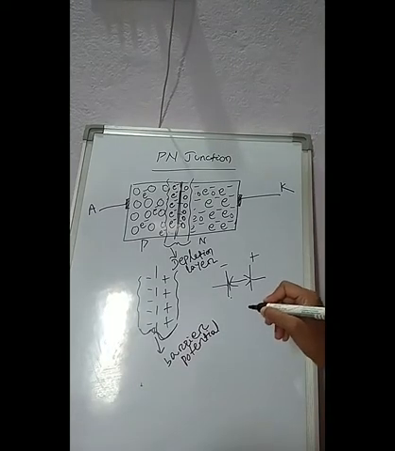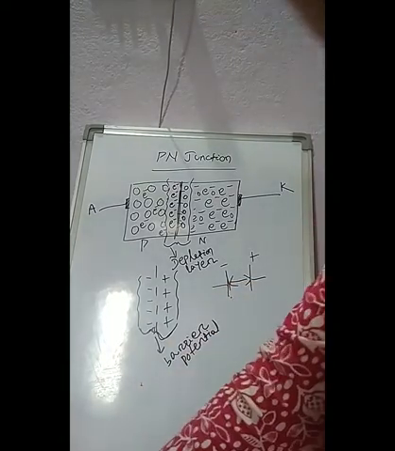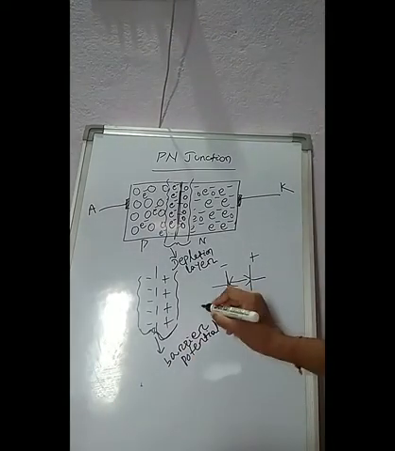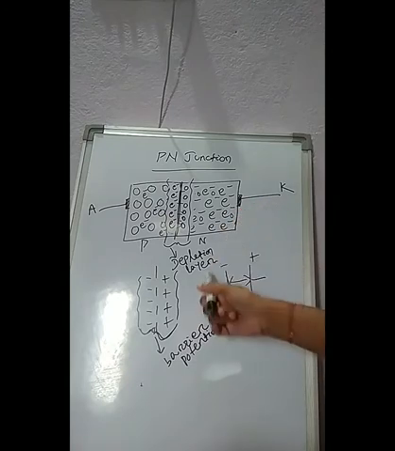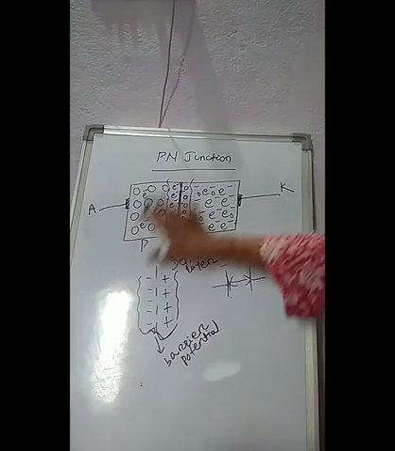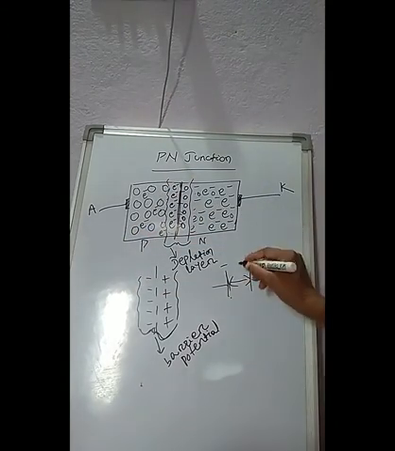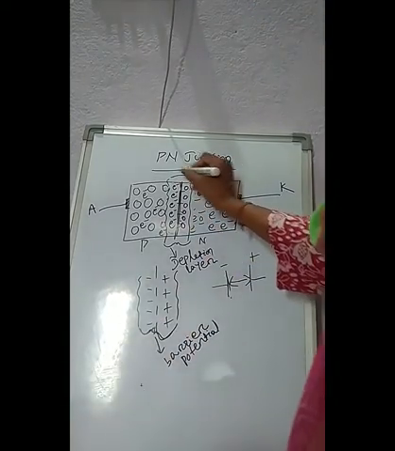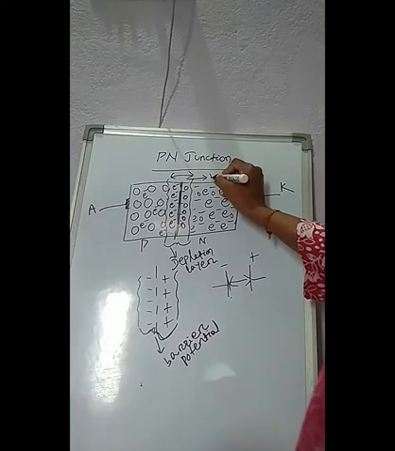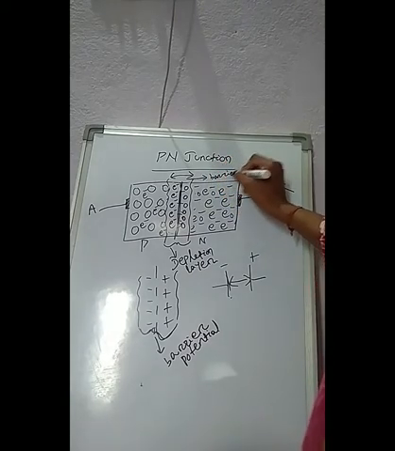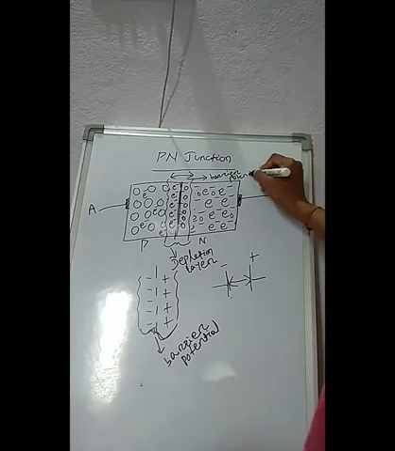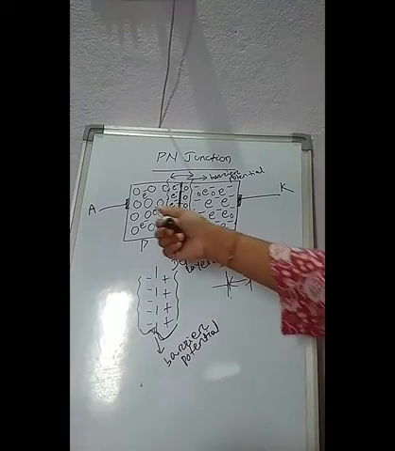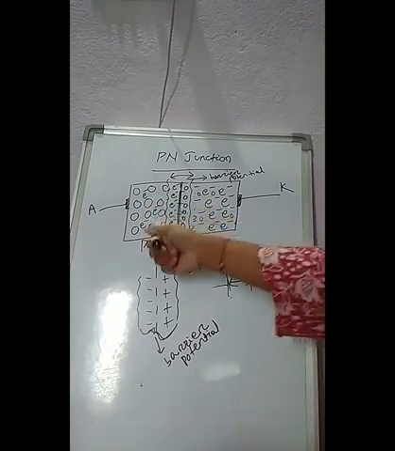So how do we know that this PN junction will work, how the diode conducts? Here is one potential formed that is known as the barrier potential. After this PN junction is formed, the holes and electrons are diffused or combined with each other.